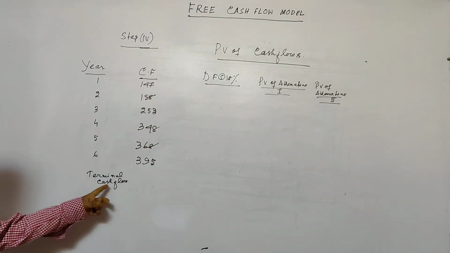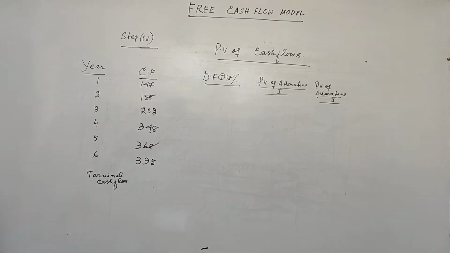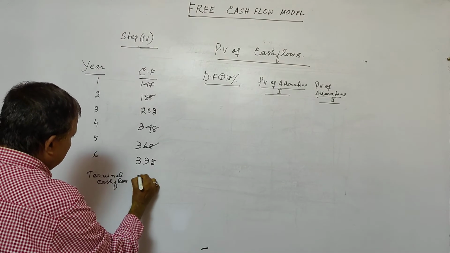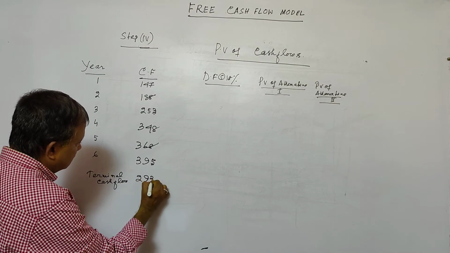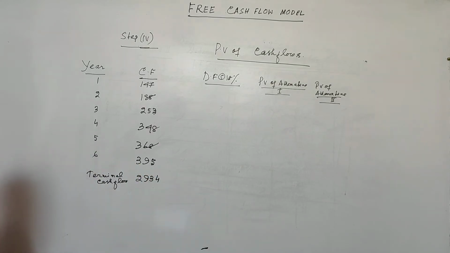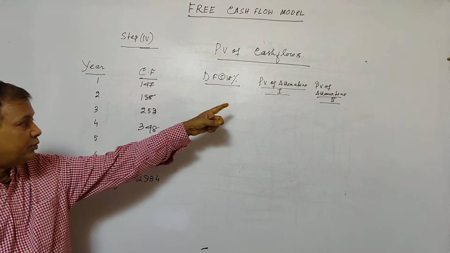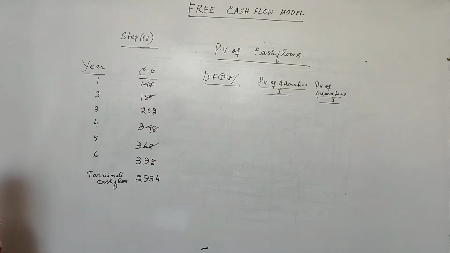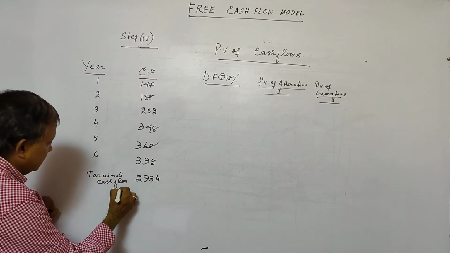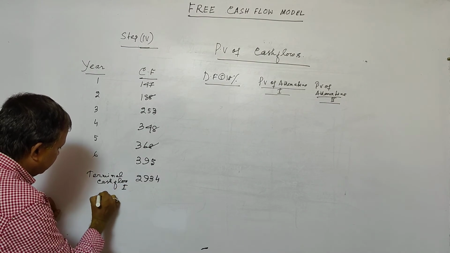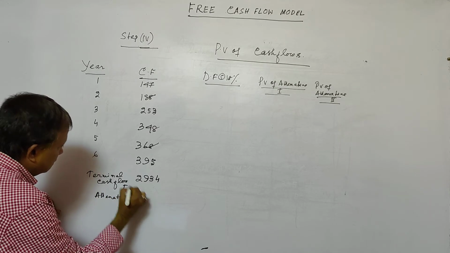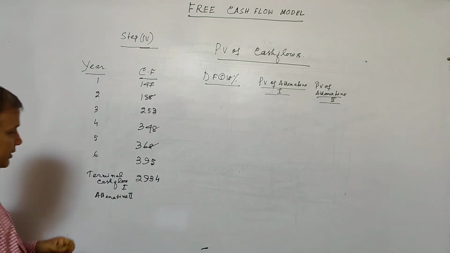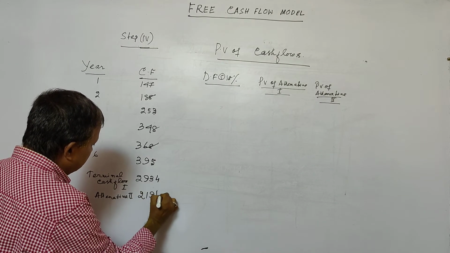So the terminal cash flow is 2934, and this 2934 is for the proposal 1, that is alternative 1, and for alternative 2 the terminal cash flow is 2194.